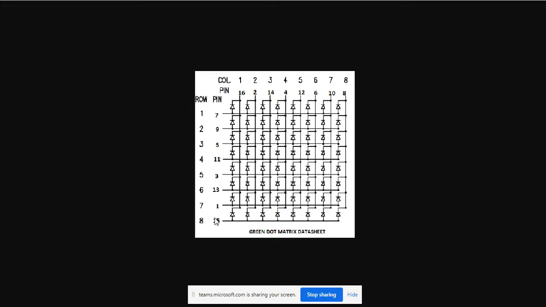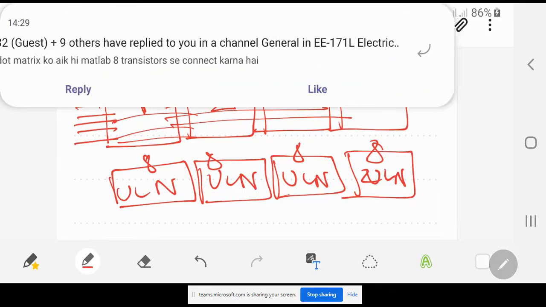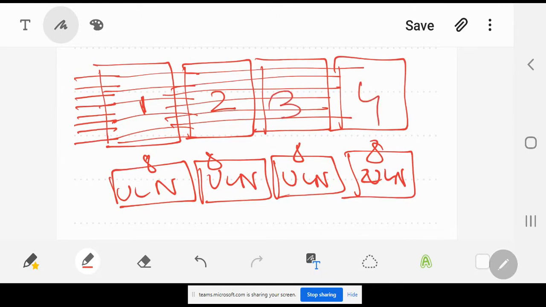But one important thing, when you are going to have ULN 2803 ICs, you will have 4 of these ICs, because each one of them has 8 bits of data, and here you have 4 dot matrices with 8 each.